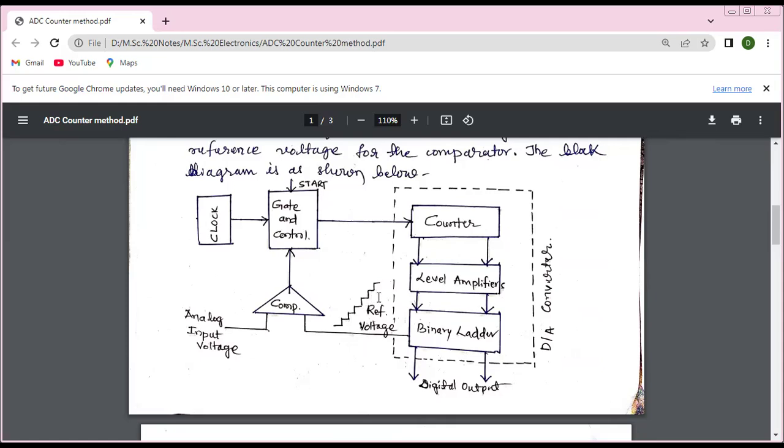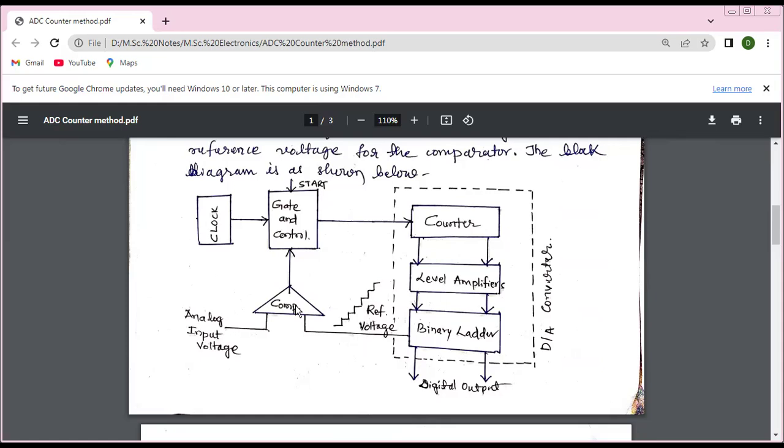And this staircase voltage from the binary ladder is taken here as the reference voltage, and that is fed to one of the inputs of the comparator, actually to the negative input of the comparator. And to the positive input of the comparator, the input analog signal is applied, which is to be converted into digital. So this is an op-amp based comparator circuit.